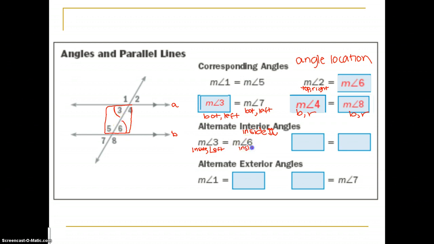This time, to see how they are alternating or alternate, left, right. Okay, they're both on the inside, but one's left, one's right. Just like angle 4 is on the inside, but it's on the right. So what's on the inside but the left? And it's alternating. Okay, so go ahead and go to the opposite side and go to the bottom, angle 5.